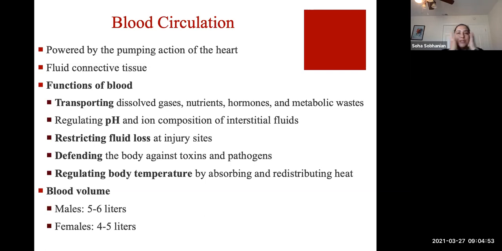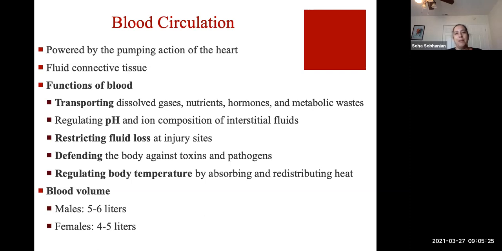So you limit how much blood comes to the surface of your skin, and you don't let that heat be lost through your skin. So you're preventing heat loss. Regulating body temperature has a lot to do with you getting flushed when you're hot versus looking pale when you are cold. Again, that's regulation of body temperature.